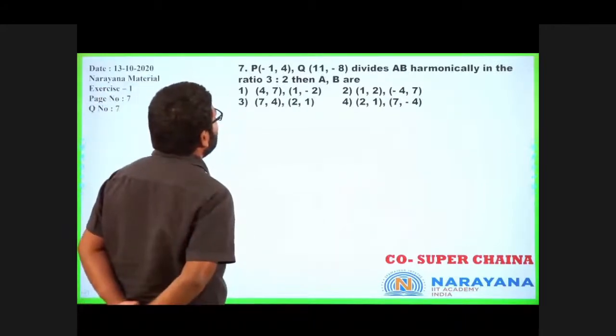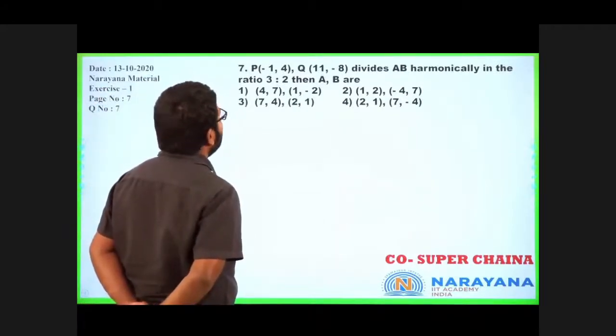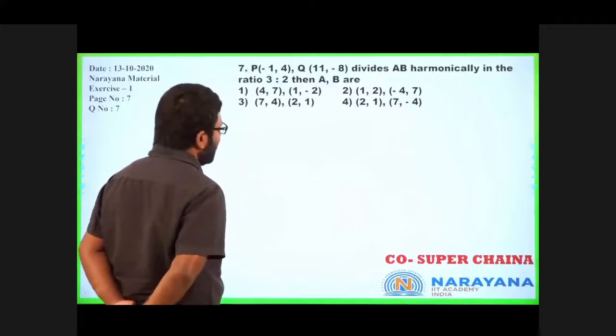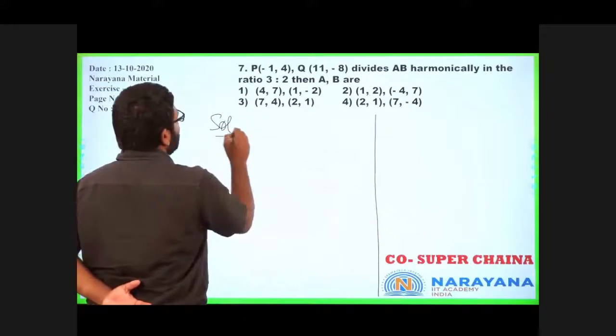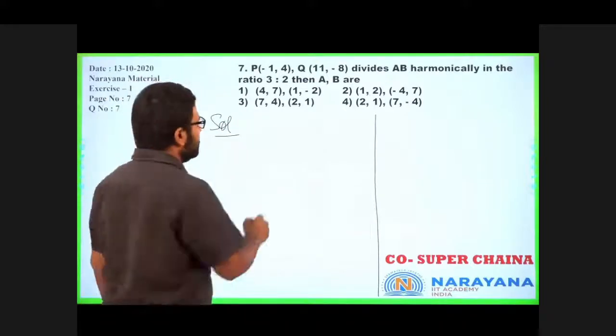P(-1, 4), Q(11, -8) divides AB harmonically in the ratio 3:2, then A and B are... Okay, so you understand what is harmonic division, right?